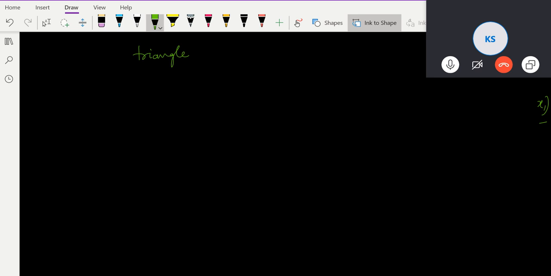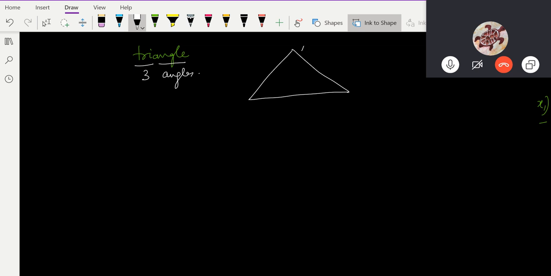Correct. So if I look at the word itself, tri means three, angle means angle. So three angles, and three angles means three sides. So this is a triangle. Now, how do we define a triangle?